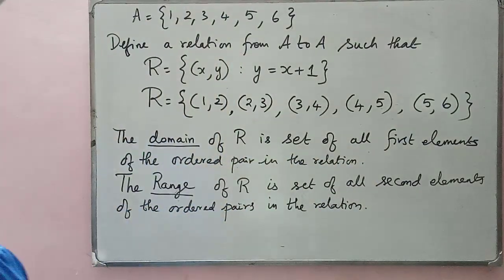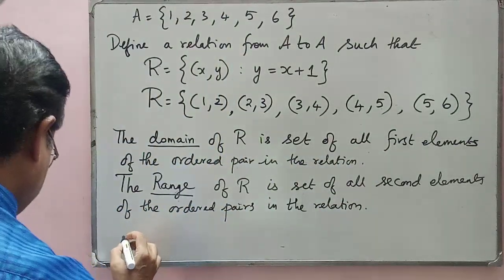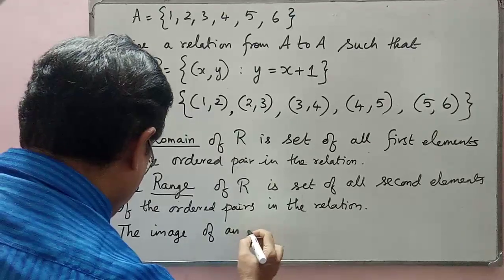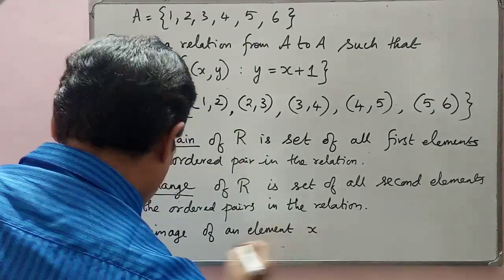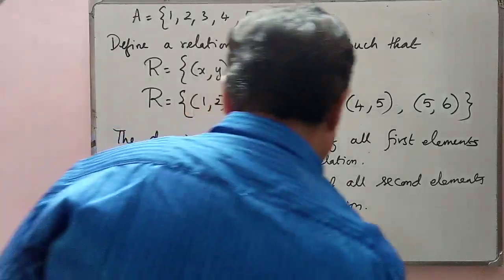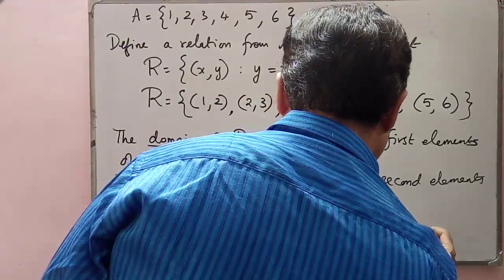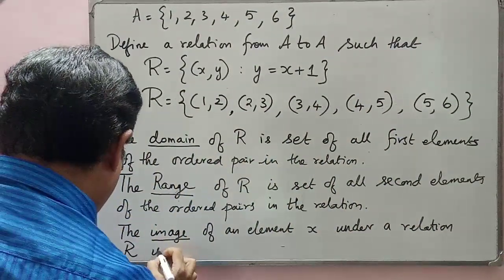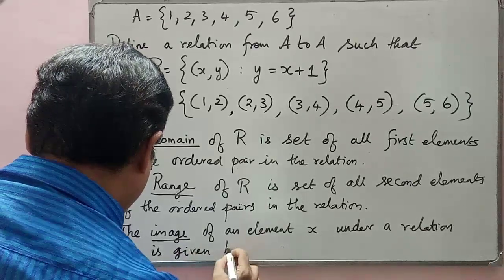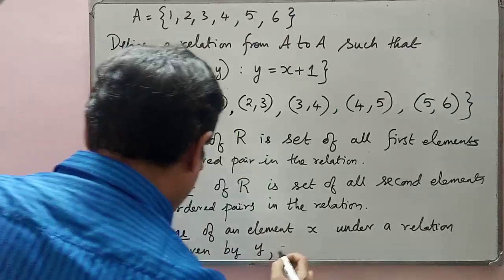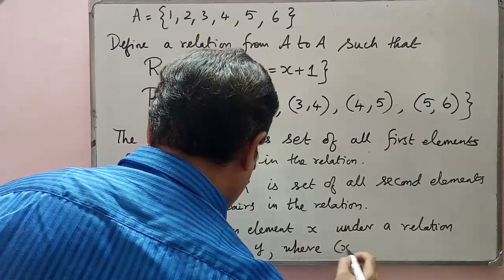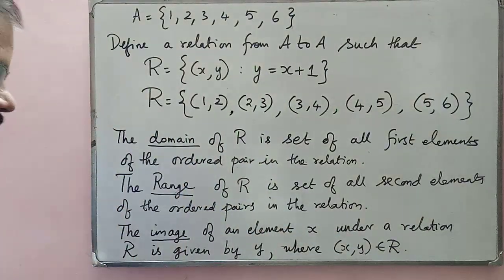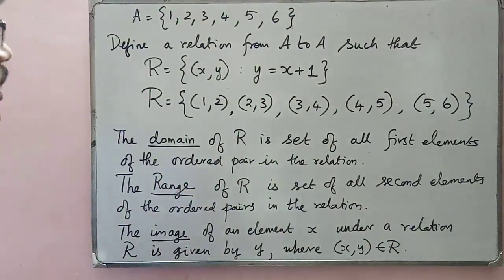Okay, children. Now the image of an element x under a relation R is given by y, where the ordered pair (x, y) belongs to R. So these three definitions you must know, children, regarding relations.